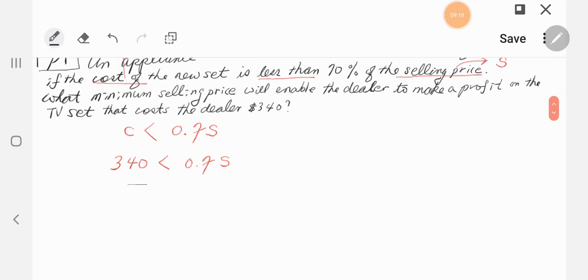Let's divide each side of this inequality by 0.7, right? Then 340 divided by 0.7, use a calculator, will be 485.714, like this, right?